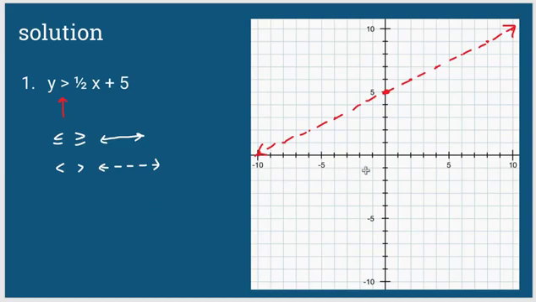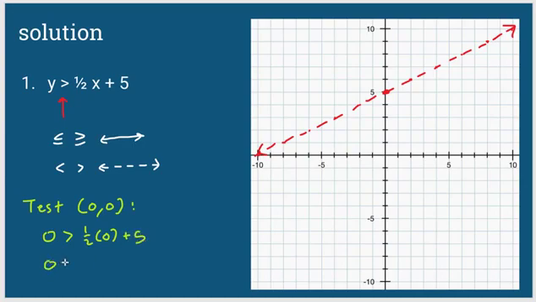But again, what I'm going to do is pick a test point, and I am going to test (0, 0). I'm going to see if I plug in 0 for x and 0 for y, do I get a true inequality? So I plug in 0 for y and 0 for x, and plus 5, and see what I get here.